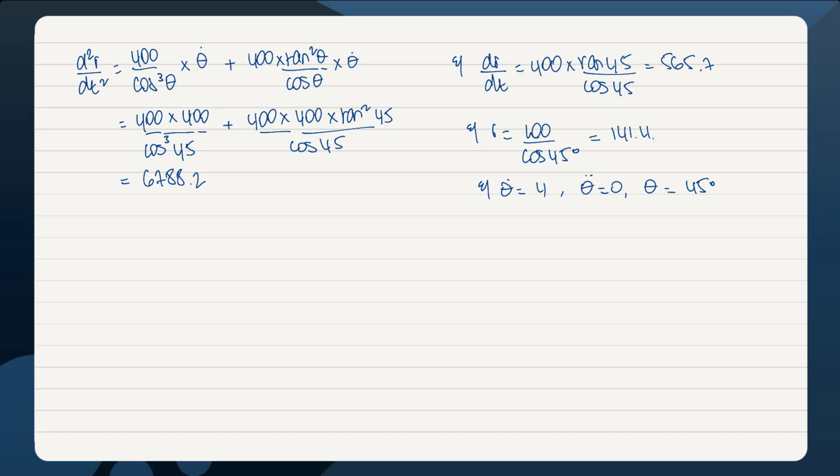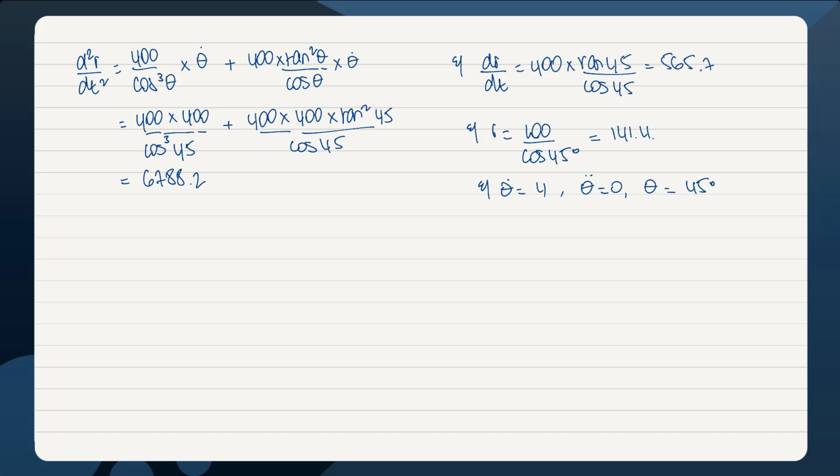This gives us dr over dt equals 565.7. And r can be computed by replacing theta equals 45 as well, which gives us r equals 141.4. We also know that theta dot is equal to 4, theta double dot is equal to 0, and theta is equal to 45.